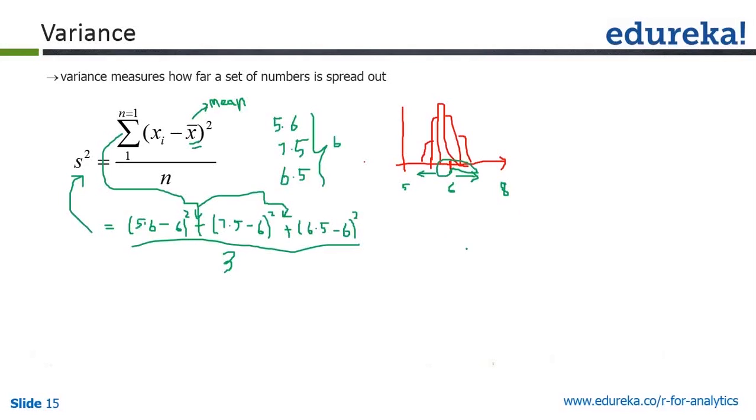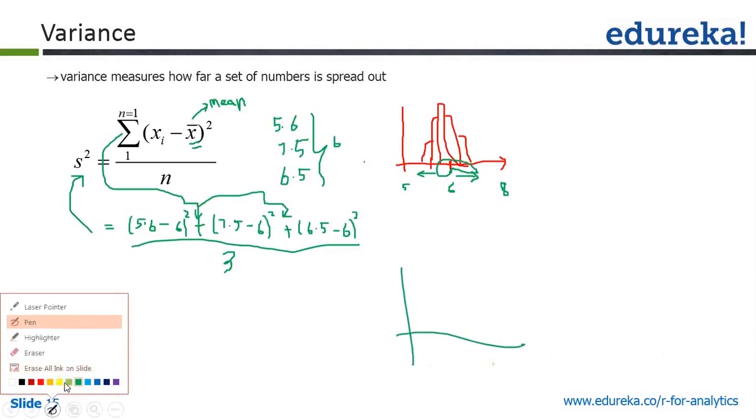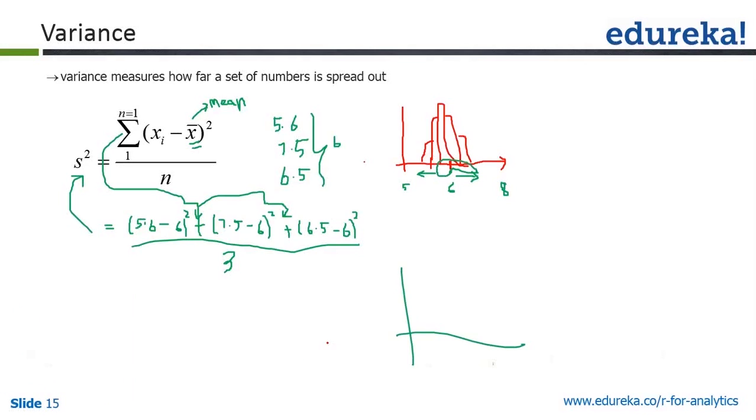Let us talk about this virtual example. Let us assume that you are collecting some observations. So let me just choose a color. All right, so let us assume that you are trying to measure whether the stock market is going positively or negatively.